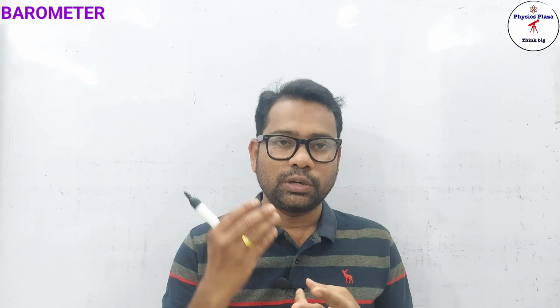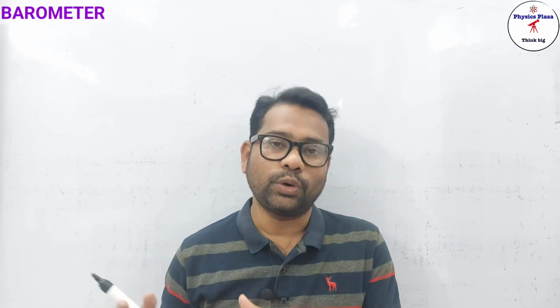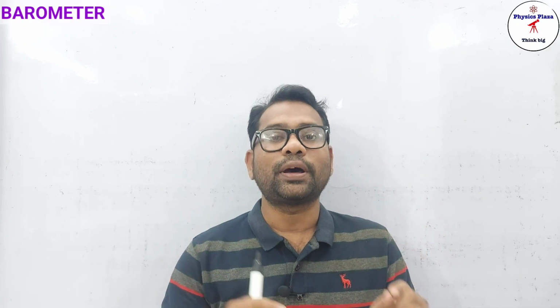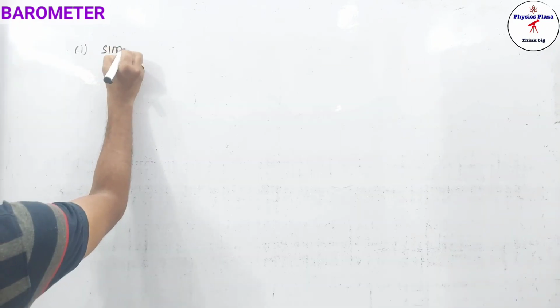But from an examination point of view, as per the syllabus given by the council, we don't have discussion of the Fortin barometer, only the uses of the aneroid barometer and the explanation of the simple barometer. So first we see the simple barometer.